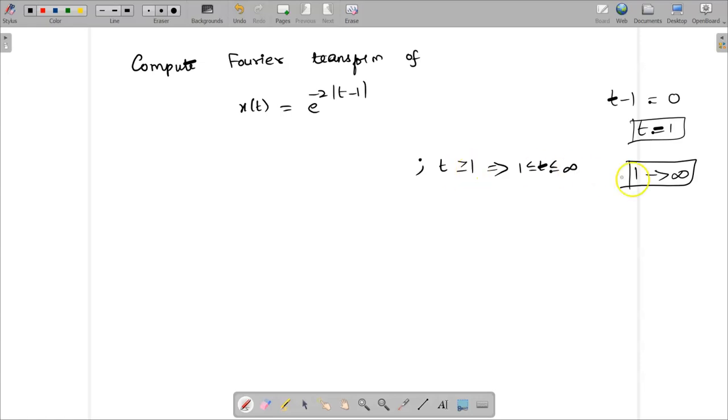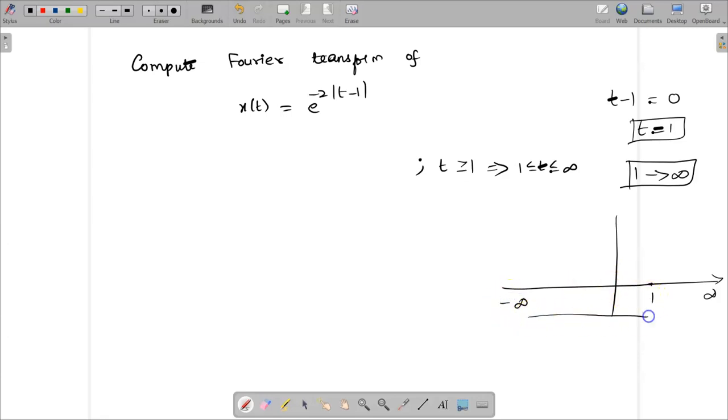Since we have already taken 1 to infinite, what is the remaining range that we have to consider for the other integration? It is from minus infinite to 1.